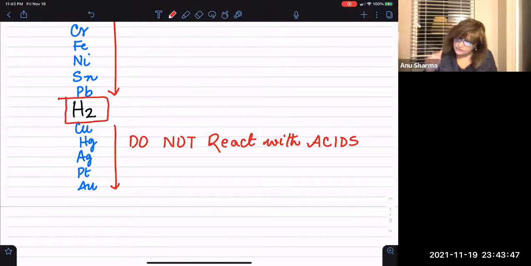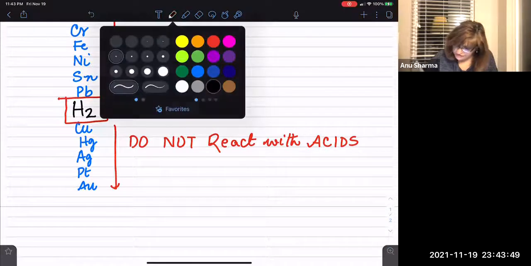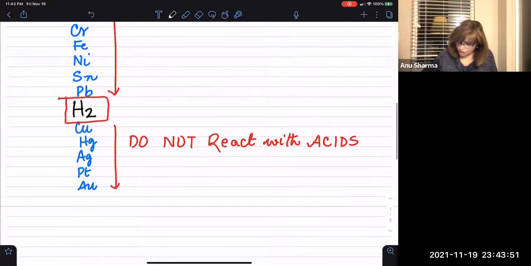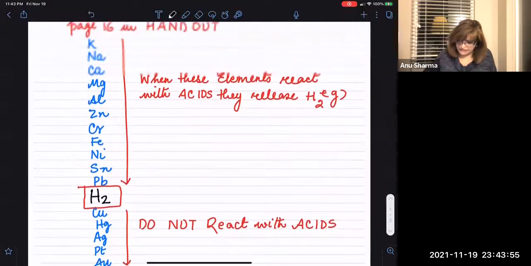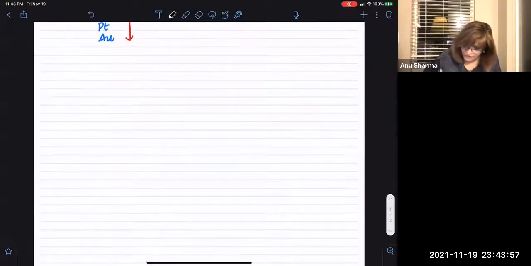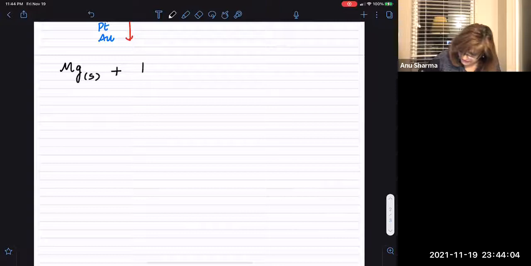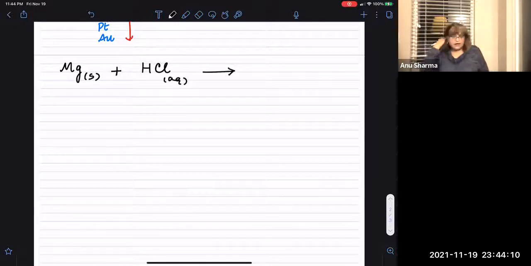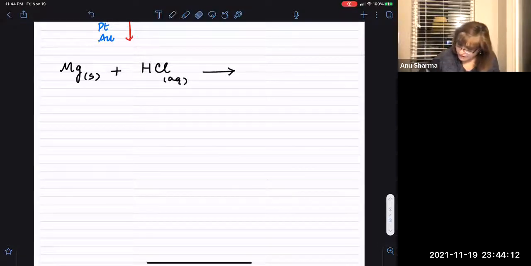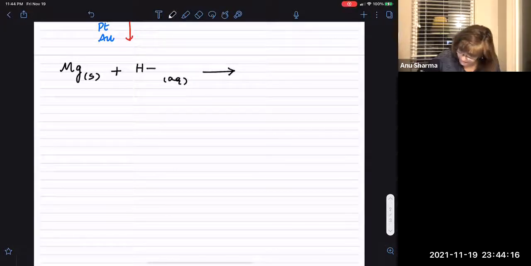Okay, so now let's do these reactions. Knowing that, copper, mercury, silver, platinum, and gold will not react with acids. The rest of them will. So now we have here magnesium as a solid. When it reacts with HCl as an aqueous solution, this reaction is going to occur. HCl, H is an acid, right?